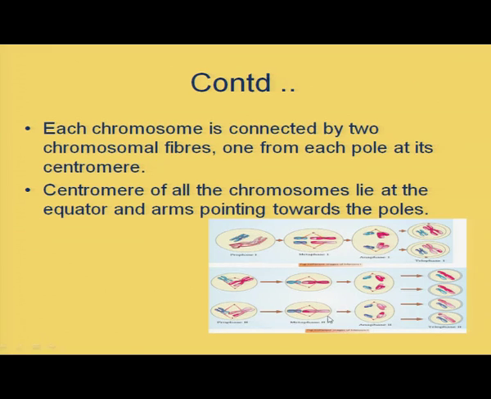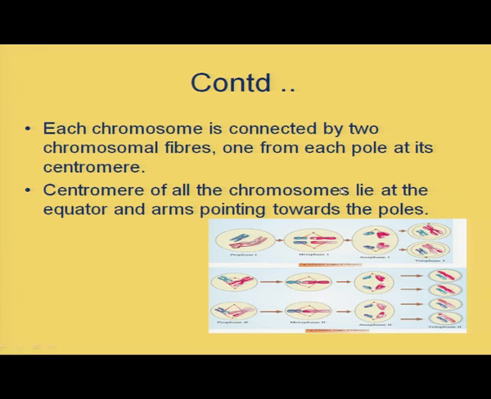See, here you can see the diagram also. These are the chromosomes, univalents. Then coming to this next point, each chromosome is connected by chromosomal fibers exactly at the centromere. One of these chromosomal fibers starts from one pole.